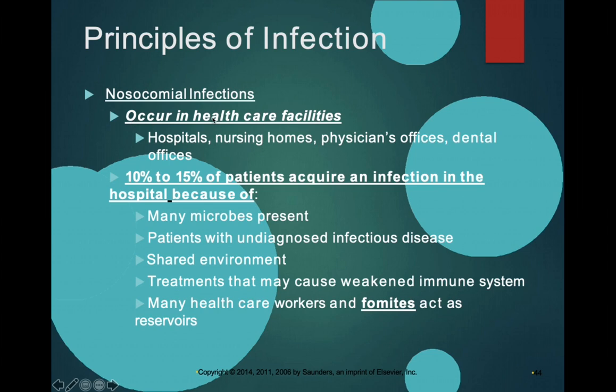They occur in healthcare facilities like hospitals, nursing homes, physicians' offices, dental offices. Why? Well, hospitals contain a lot of sick people. Doctors' offices have a lot of sick people. So 10 to 15% of the patients acquire an infection from one of these sources. Okay?